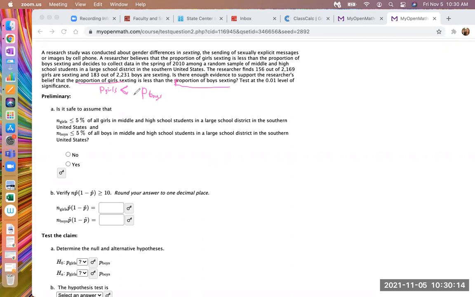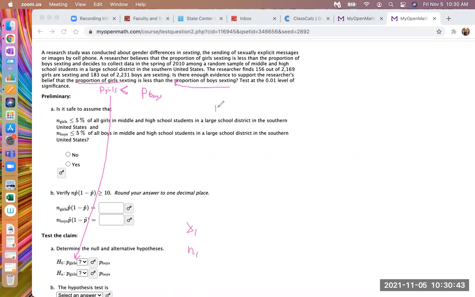Because the girls are listed first, that makes me think that's what we would call population 1, which it is, listed in the null and alternative hypotheses. That population is listed on the left, and we'll also find that x sub 1 and n sub 1 are going to be girls.